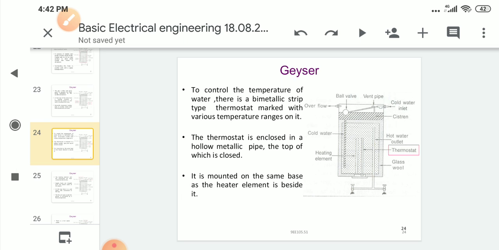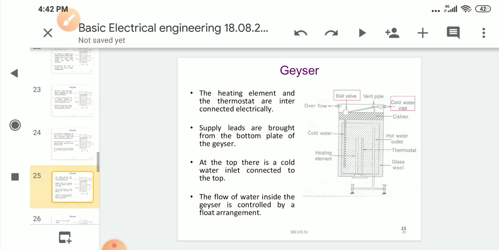To control all these temperatures of water, there is a bimetallic strip type thermostat marked with various temperature ranges on it. This thermostat is enclosed in a metallic pipe. On the top, it is closed. It is mounted on the same base as the heater element, beside it.